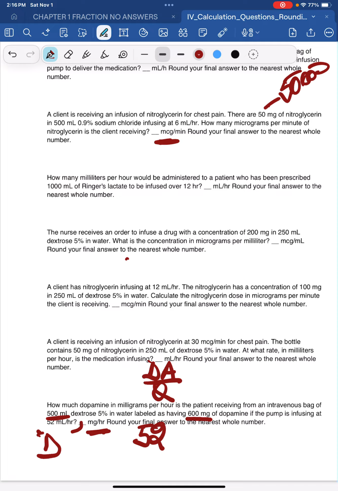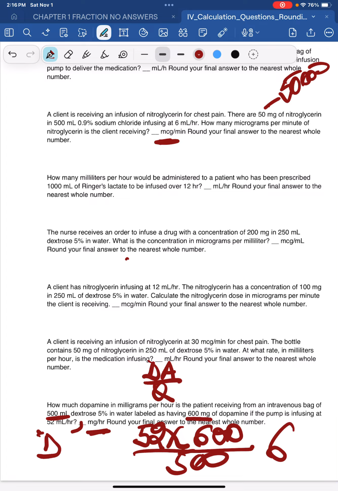You don't divide that by 60 because you are looking for milliliter per hour and your dosage is per hour already. Multiply not by quantity but by your available, which is 600. Then divide that by your quantity, which is 500. Get that calculator. 52 multiplied by 600, then divide by 500. Now they say round the answer, 62.4. They say round to the nearest whole number. The answer will be 62.